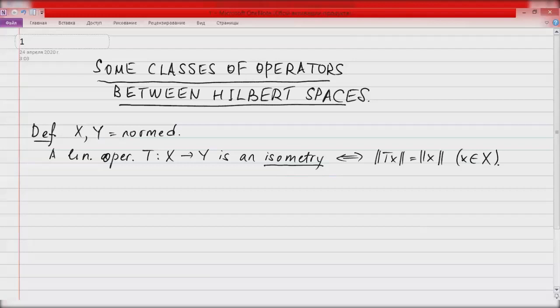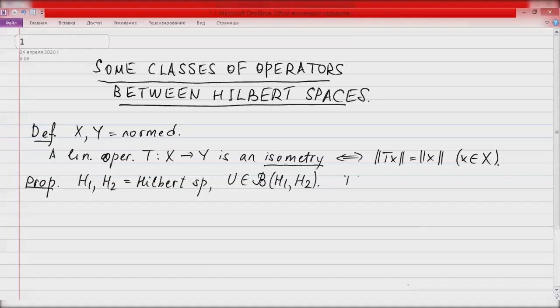So now we have the following characterization of isometries between Hilbert spaces. So proposition. Suppose we have two Hilbert spaces, H1 and H2. And suppose that U is a bounded linear operator from H1 to H2.